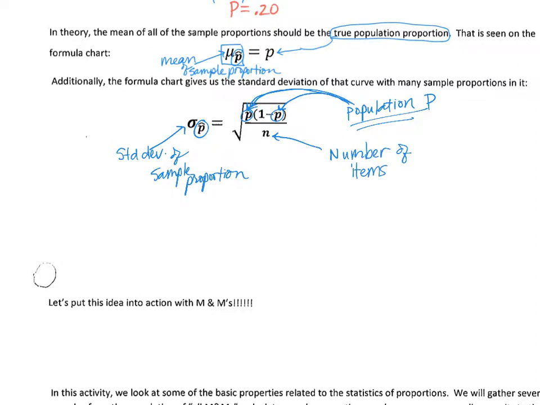So in our case, 50 M&Ms, like our denominator. The number of items in the sample, the sample size. In our case, our sample size will be 50 M&Ms all day long. They all are the same.